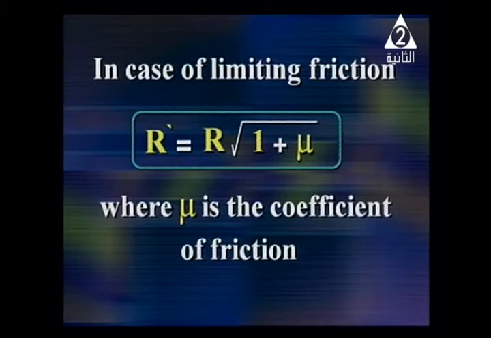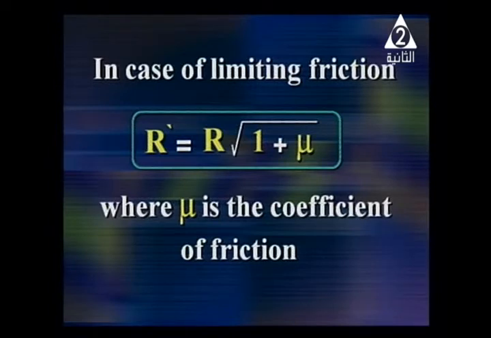Mu, in this case, dear student, we have two coefficients of friction. The number one is called the static friction coefficient, whose symbol is mu s, and the kinetic friction coefficient, whose symbol is mu k.